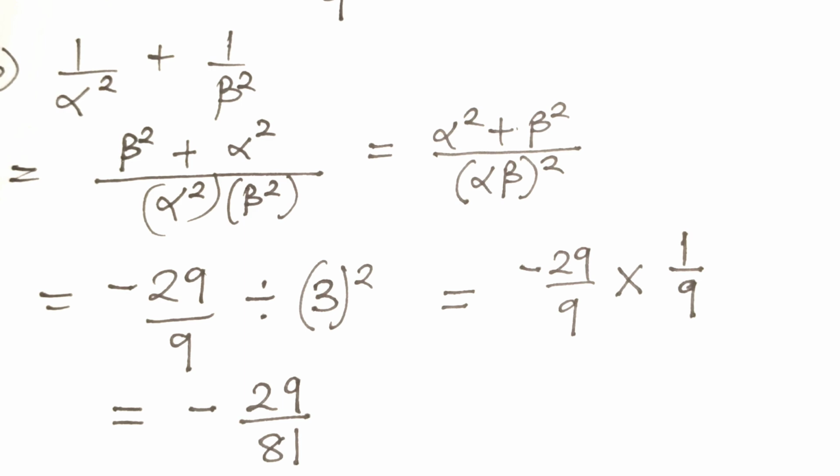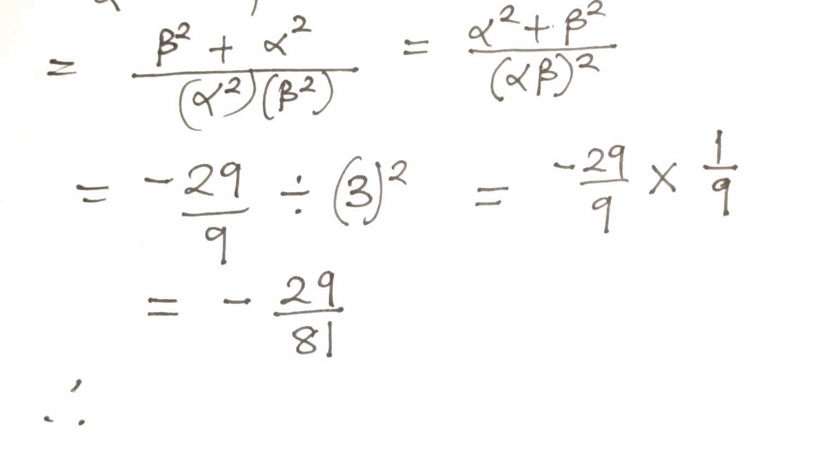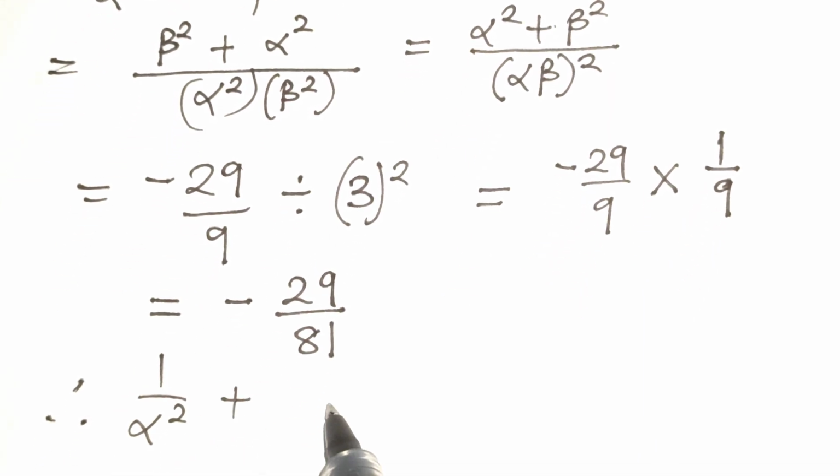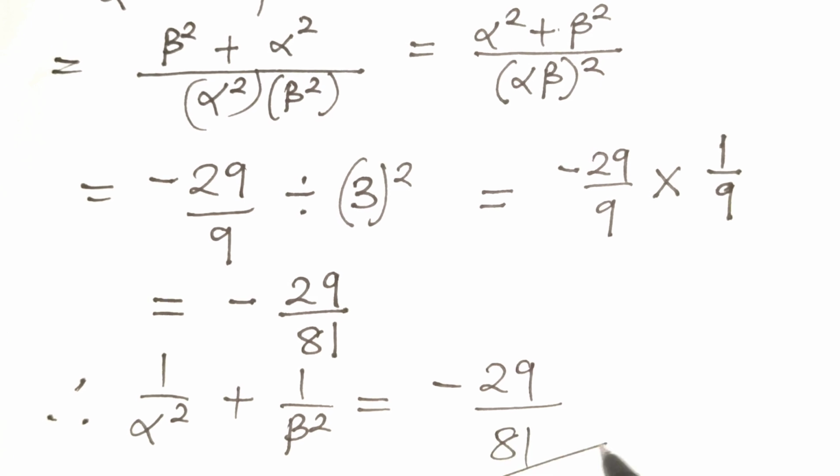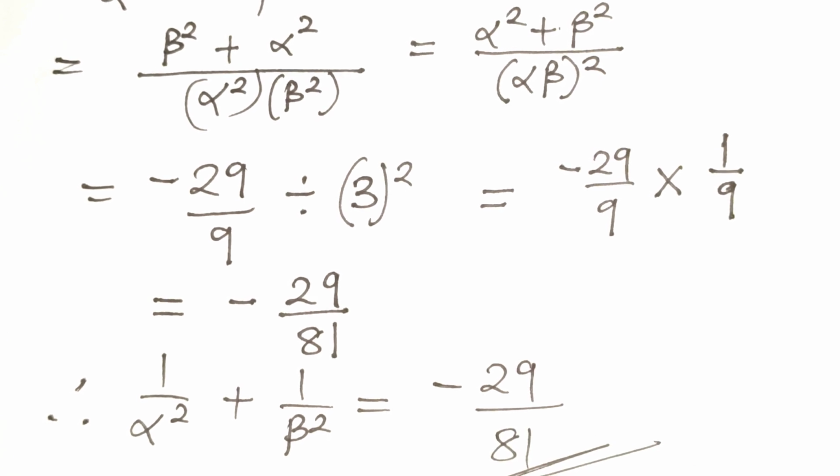So the value of, therefore, 1 over alpha squared plus 1 over beta squared is equal to minus 29 over 81. So that's the value. Okay, we still have one more example before we wrap it up.